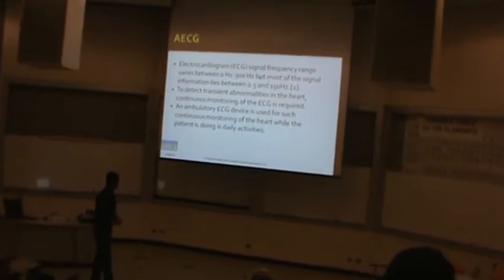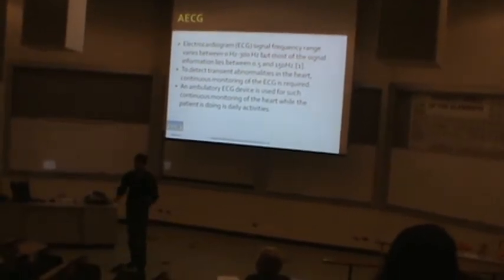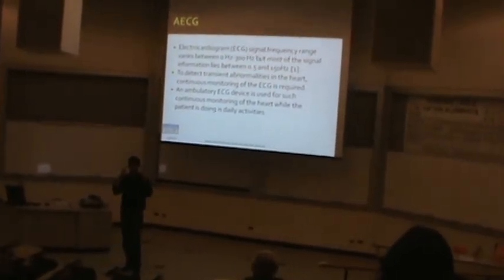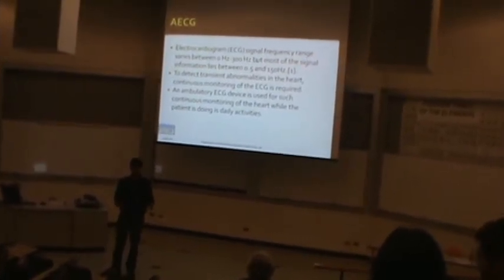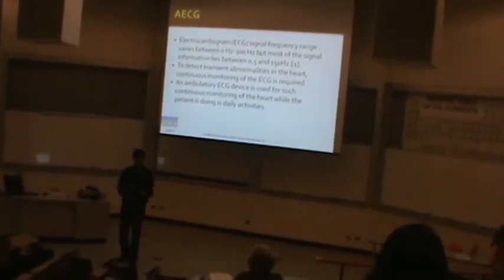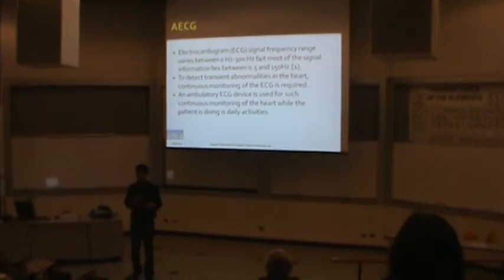But ambulatory ECG is like a Walkman. You basically put two earphones onto your ears and you walk around. Ambulatory ECG is similar to that. Instead of putting earphones to your ear, you place electrodes at specific positions on your heart or on your torso.